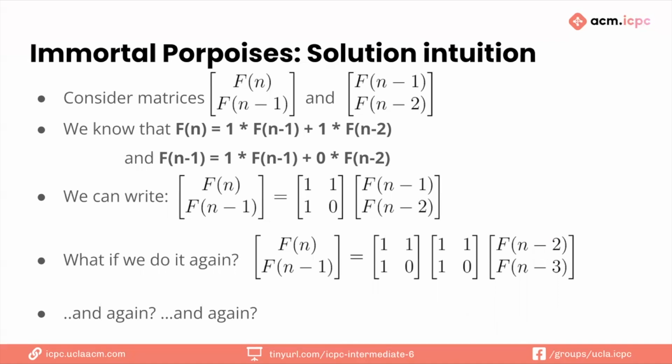Now, if we consider two matrices that represent our current and previous state, Fn, Fn minus 1, and Fn minus 1, Fn minus 2, it's easy to observe the relation between those two matrices. If you multiply the matrix Fn minus 1, Fn minus 2 by the matrix 1, 1, 1, 0, we'll get exactly the matrix we have now, Fn, Fn minus 1. Does anyone have any questions so far about how we got to this step, and why this is a correct relation?